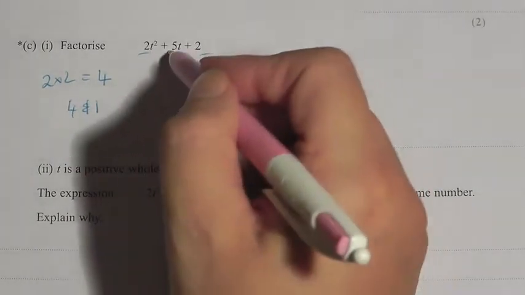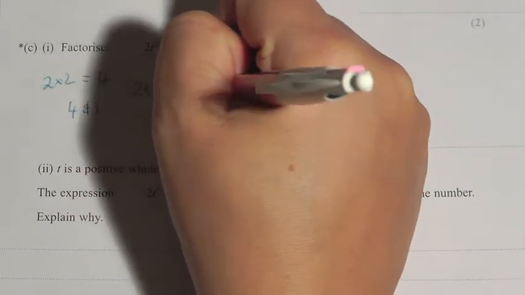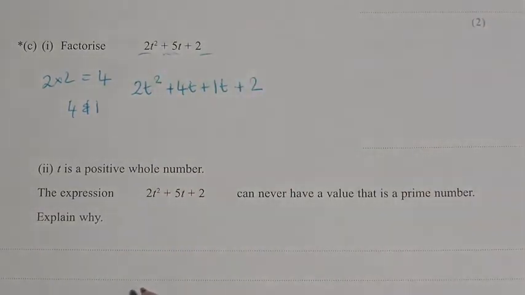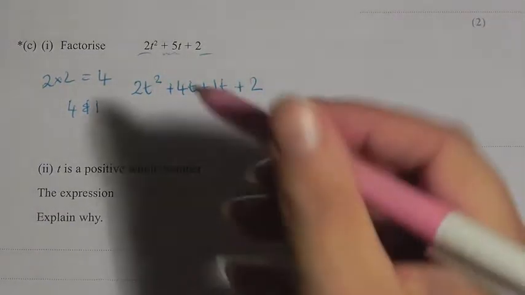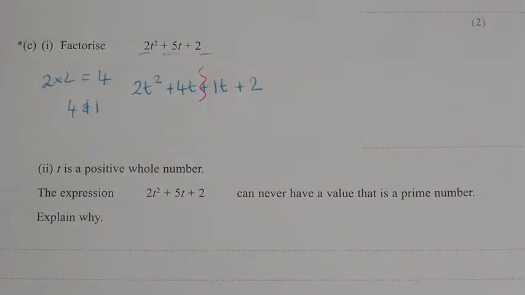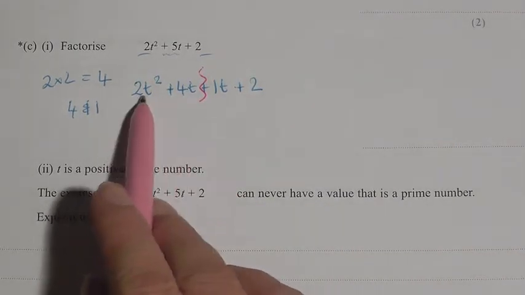I rewrite this then, unsimplifying the 5t. So I've got 2t squared plus 4t plus 1t plus 2. Then I put my squiggles in, and then I factorise each side. So on this side, 2 is common to both of them and t is common to both of them.